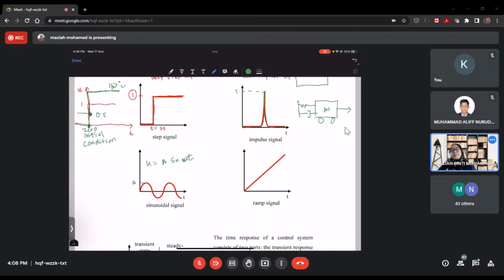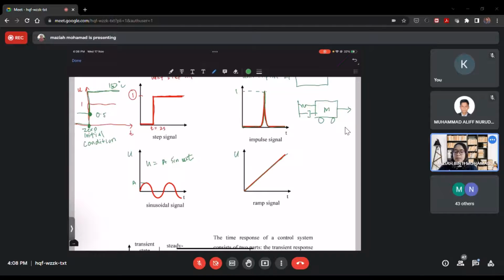Okay, A is the amplitude and omega is the frequency of the wave, right? And then we also have ramp input. Ramp input is when the input is increasing with time.